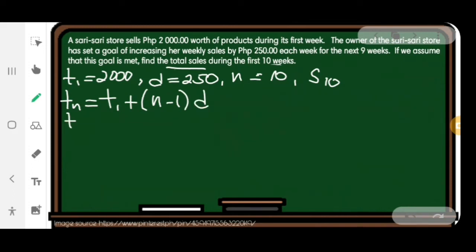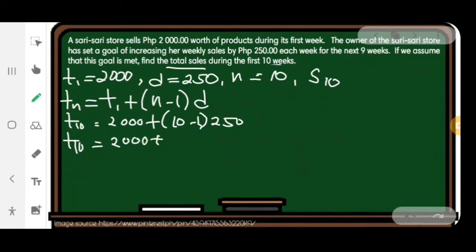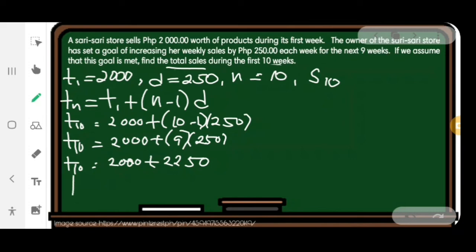So t sub 10 is equal to 2000 plus 10 minus 1 times 250. So t sub 10 is equal to 2000 plus 9 times 250. So t sub 10 is equal to 2000 plus 2250.